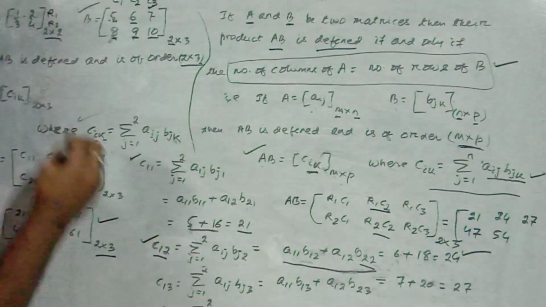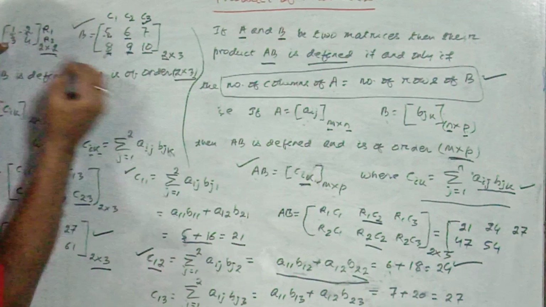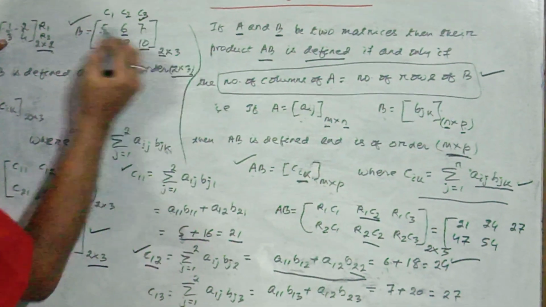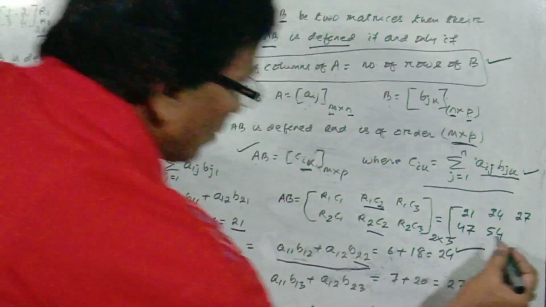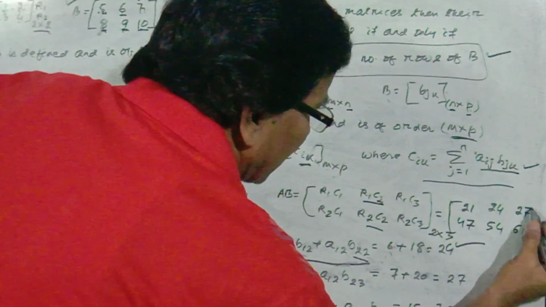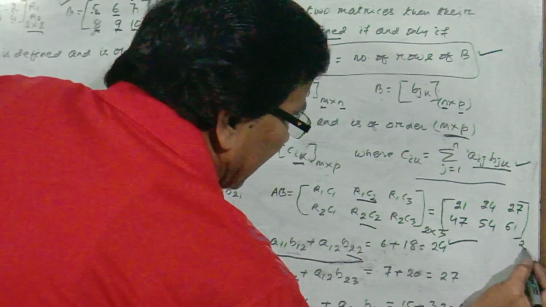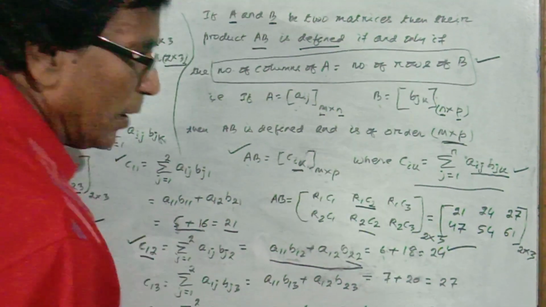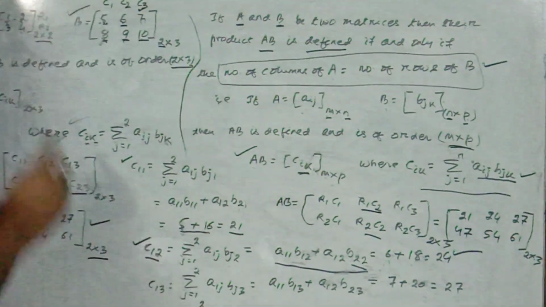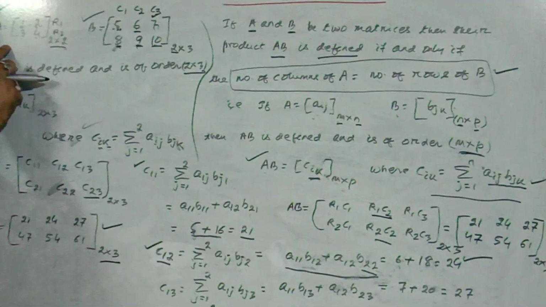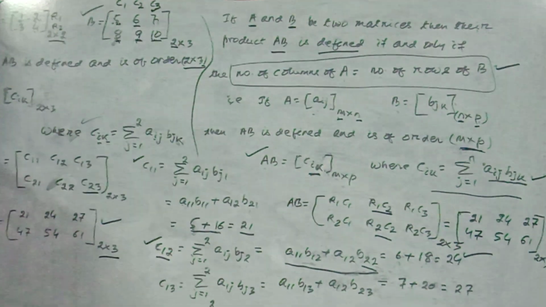Then R2 with column 3: 3 into 7, 21, plus 40, that is equal to 61. So it is the shortcut method to find the product of matrices, of order 2 cross 3. Always apply this method to find the multiplication of matrices.